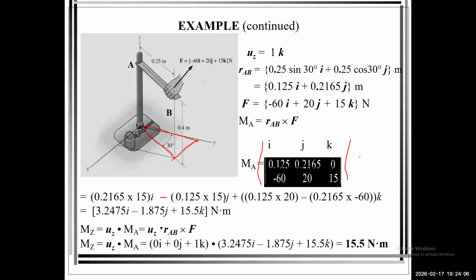Second row would be your position vector. So the Z will be 0, and these quantities 0.125, 0.216, and you write the K as 0. And so you put your force in the last row, minus 6, 20, 15. And then you proceed now to do the same thing that we did before.